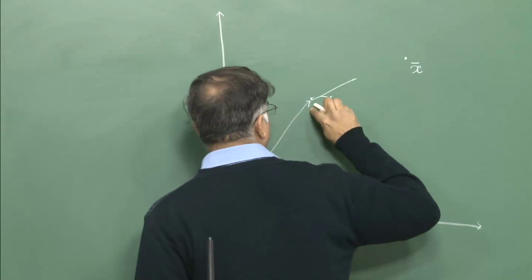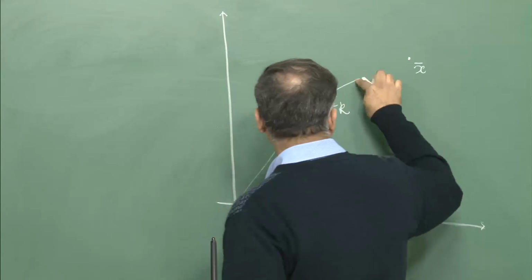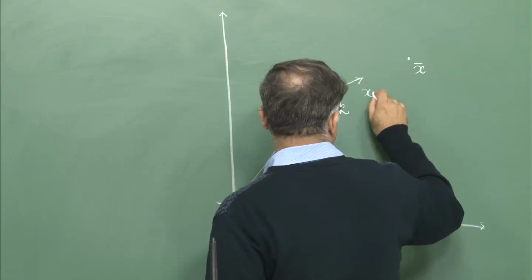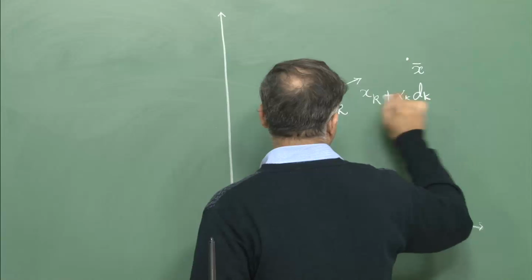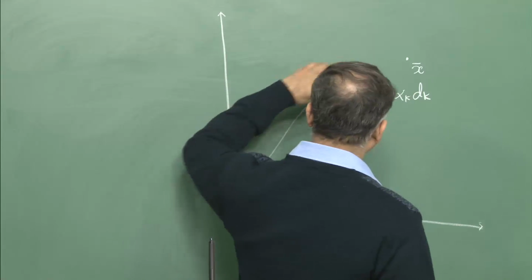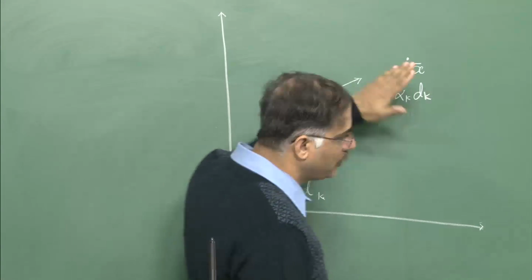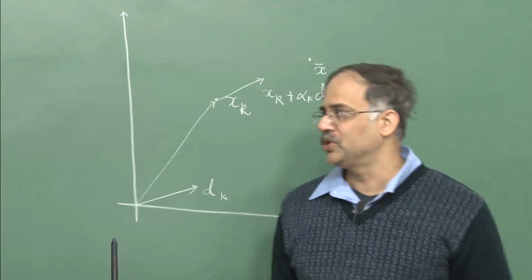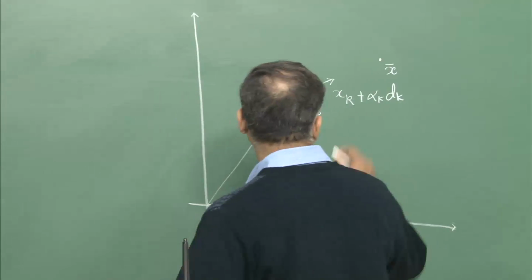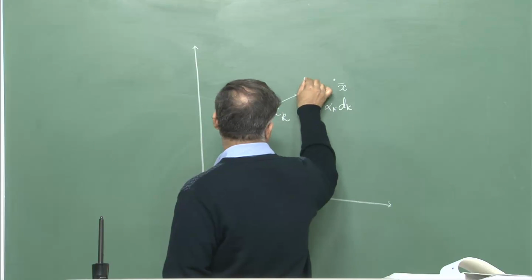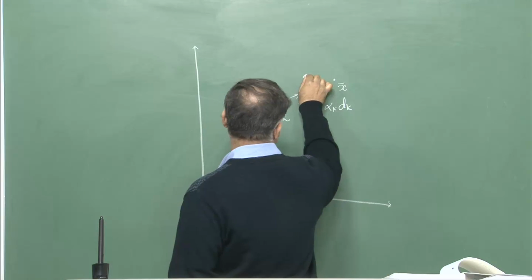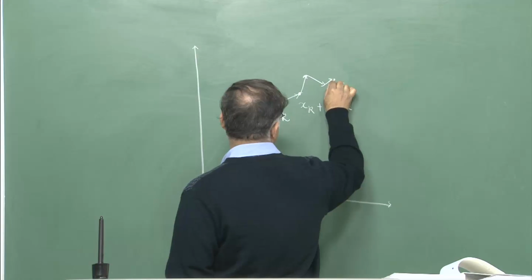Now you have to move as far as possible from xk, because then you will have this new point xk plus alpha k dk. You have to move in such a way that the function value decreases as much as possible, because I want to minimize. From the new point you need to go in some direction, maybe it is decreasing in this direction, and from there you go to this direction and so on.